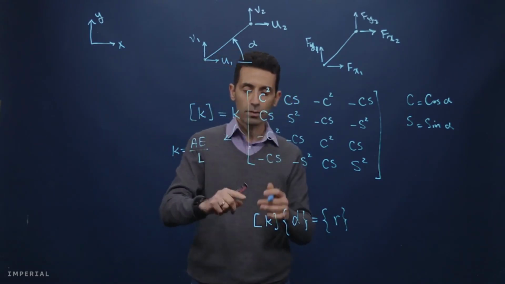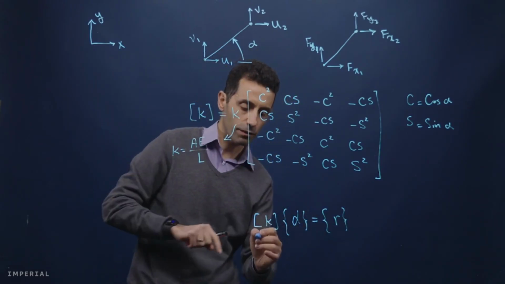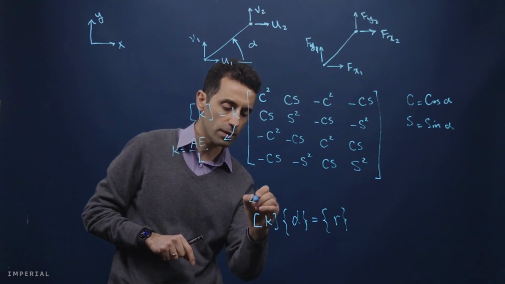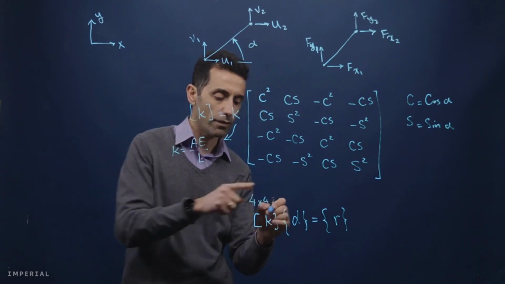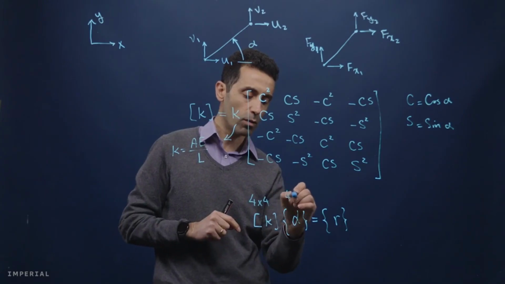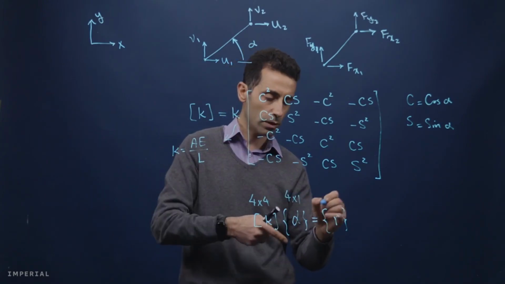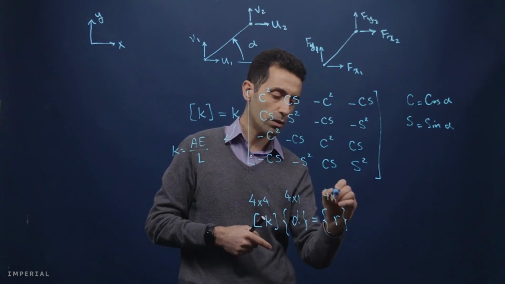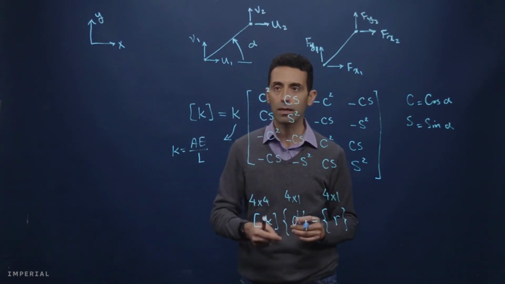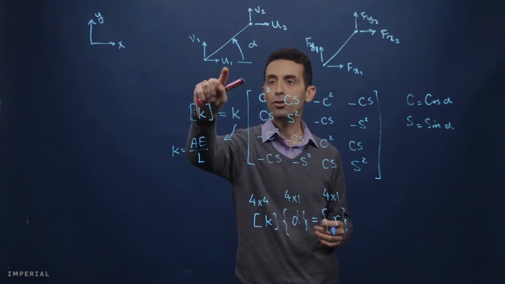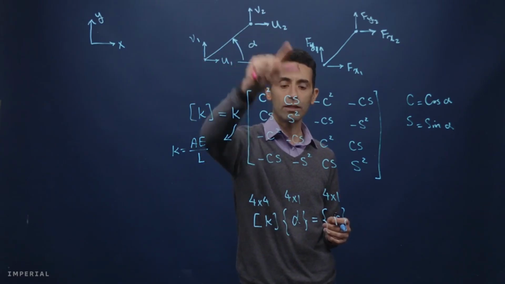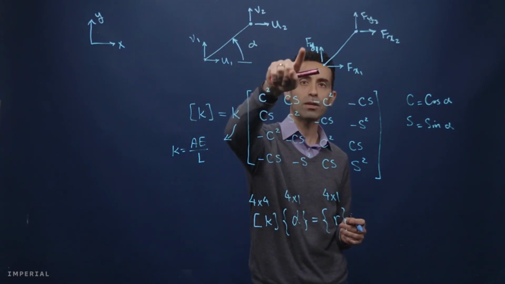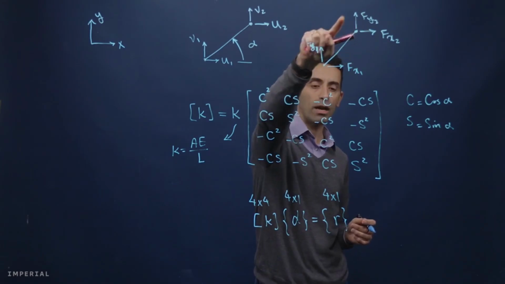This time you have a matrix that is 4x4 for the stiffness, and you have a vector that is 4x1 for nodal displacements and 4x1 for nodal forces. So nodal displacements are u1, v1, u2, v2, and nodal forces are fx1, fy1, fx2, fy2.